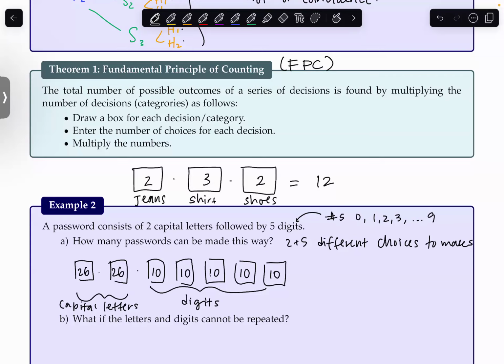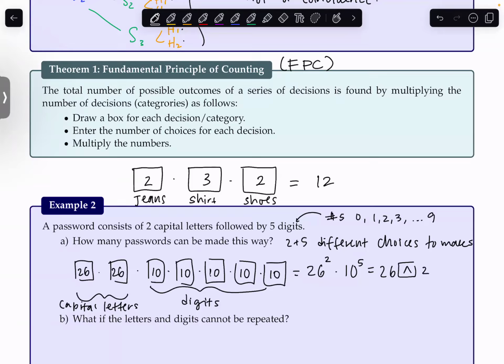If I were to write this in shorthand, multiplying this here, I could write this as 26 squared times 10 to the 5th power. This is our shorthand for multiplying the same number over and over again. If I put this into the calculator, it would look like 26, and then I'd find the caret symbol that's above the division symbol.